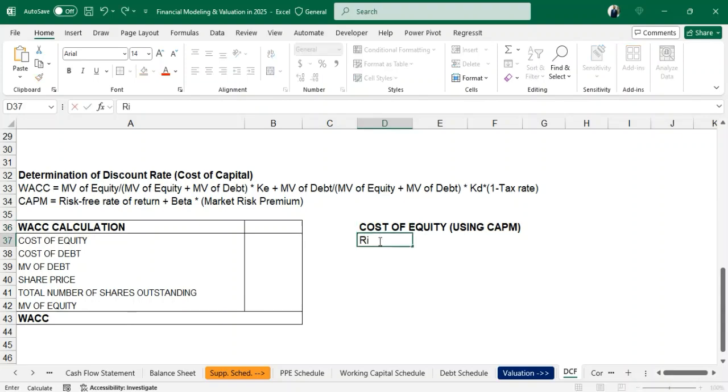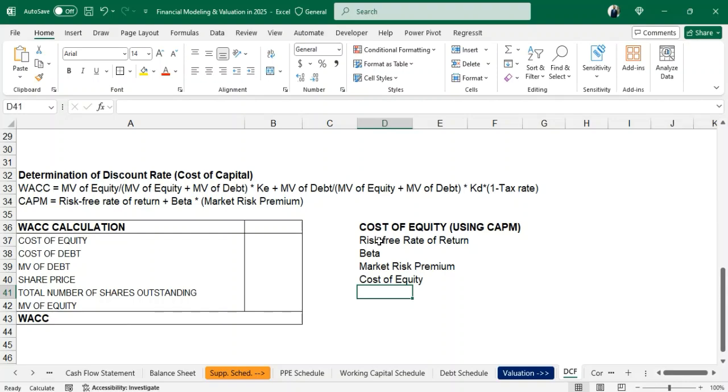So I'll have my risk-free rate of return, I'll also have my beta, I'll also have my market risk premium. And this should give me my cost of equity. All right.